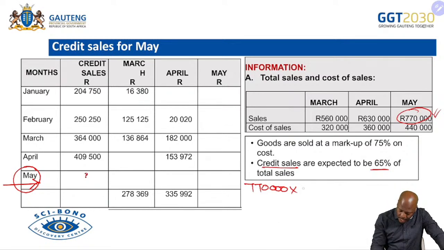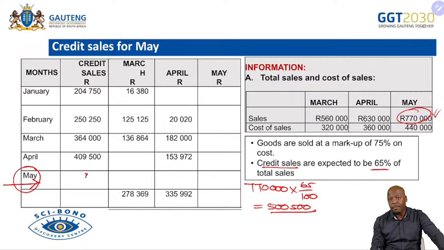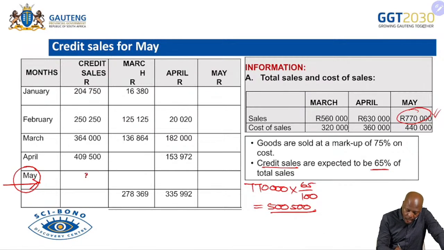So I'm going to come here and I'm going to get my 65 over 100. Please punch that in the calculator and then you will get 500,500. That's it. So it means I will then come now to my May credit sales. I'm going to have 500,500.